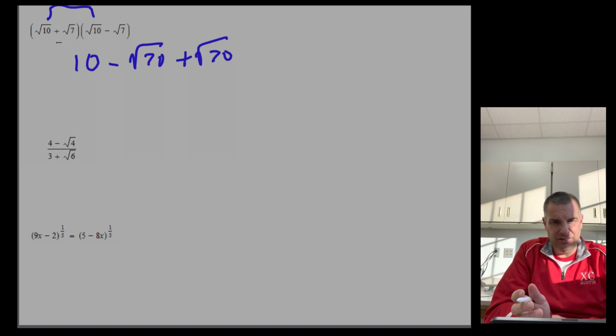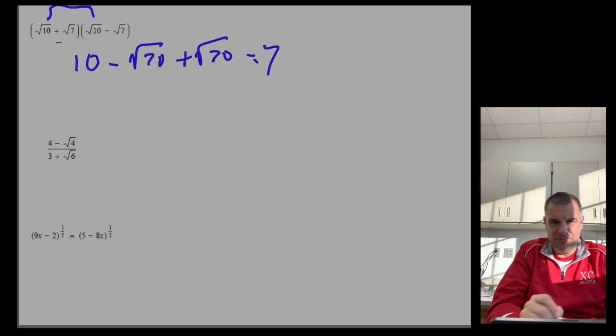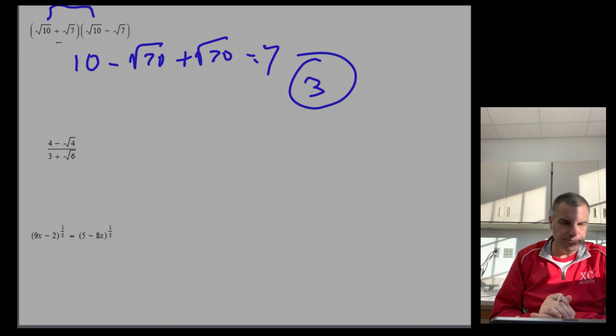Those are just going to cancel each other out. Minus radical 7 times radical 7 is radical 49. Radical 49 is 7. So the middles cancel out. So we've got 10 minus 7, which is just 3. And you're done.